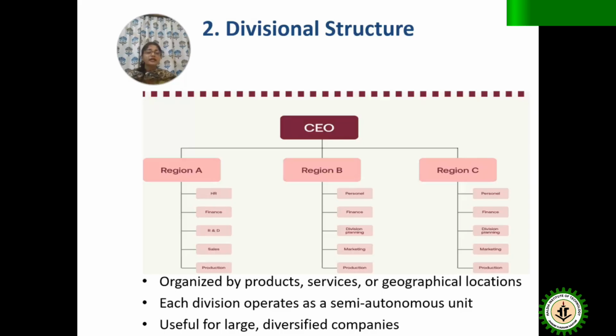And that's how it is together working as an autonomous unit, and at the same time the main head office is operating all those subunits together, and finally the profit is counted as a unit.